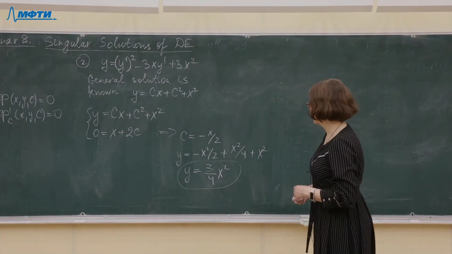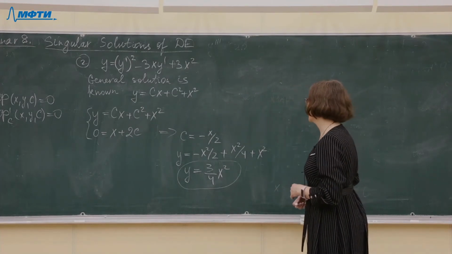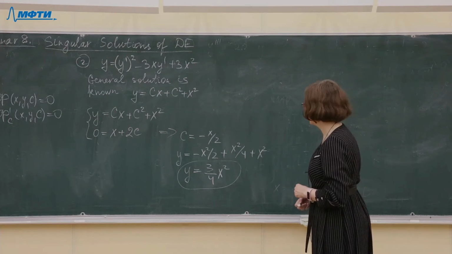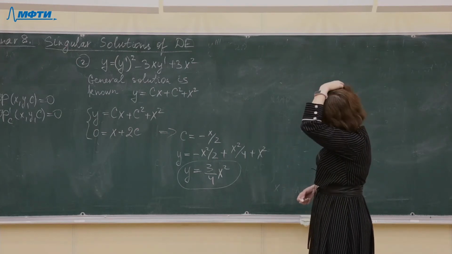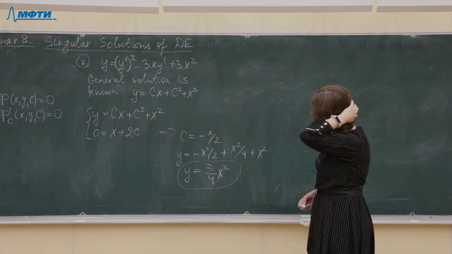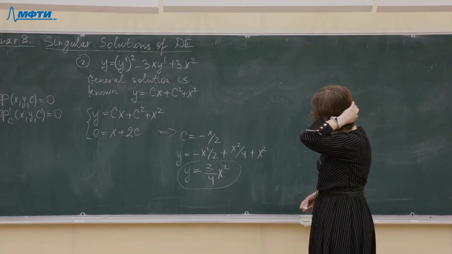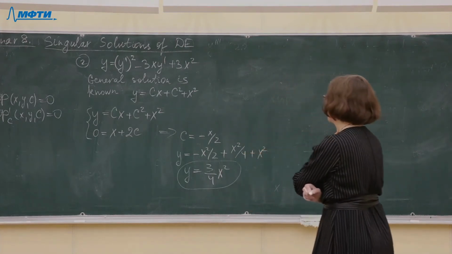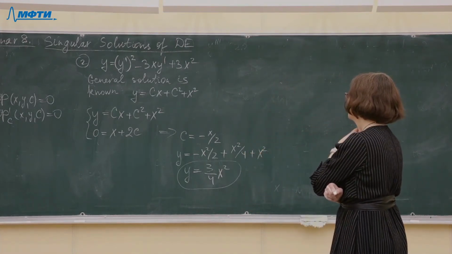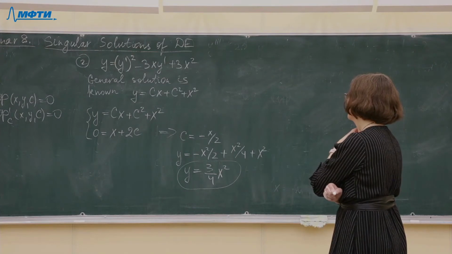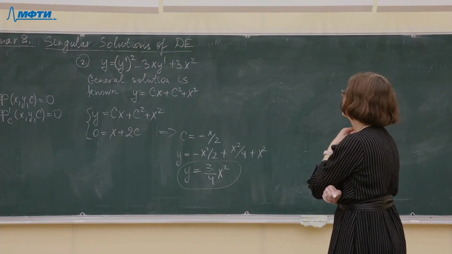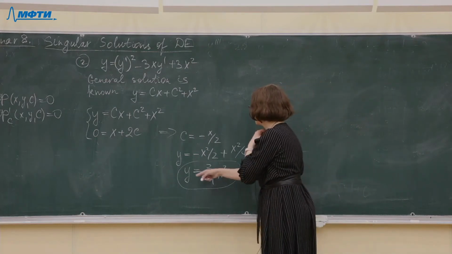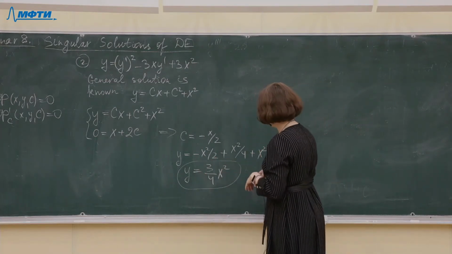Given this solution, 3/4 x squared, we should check whether this is a singular solution.